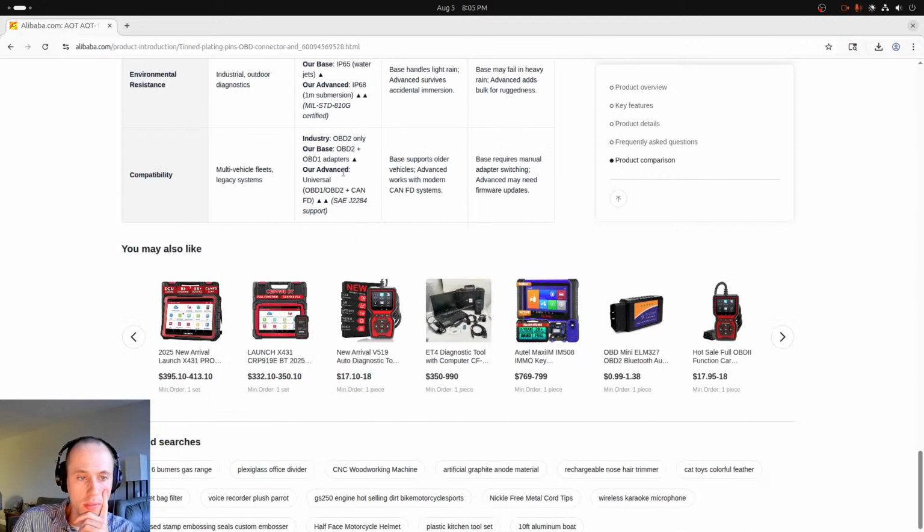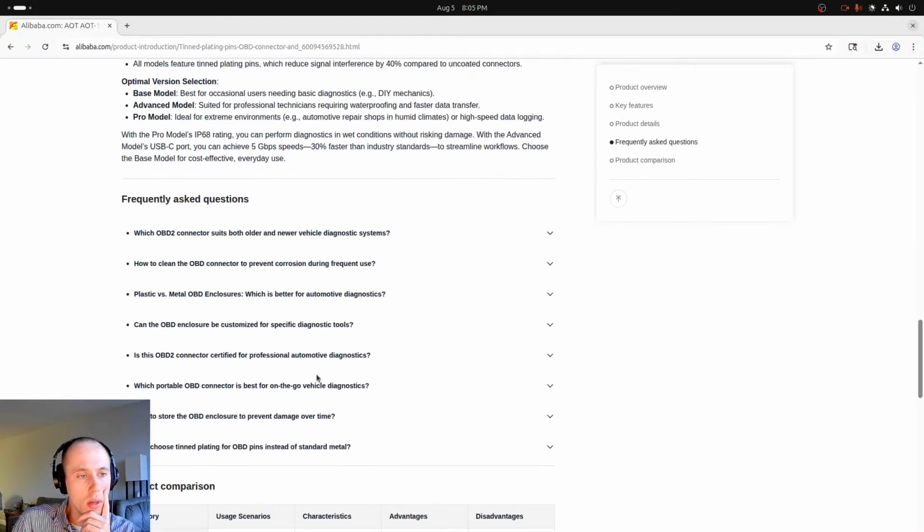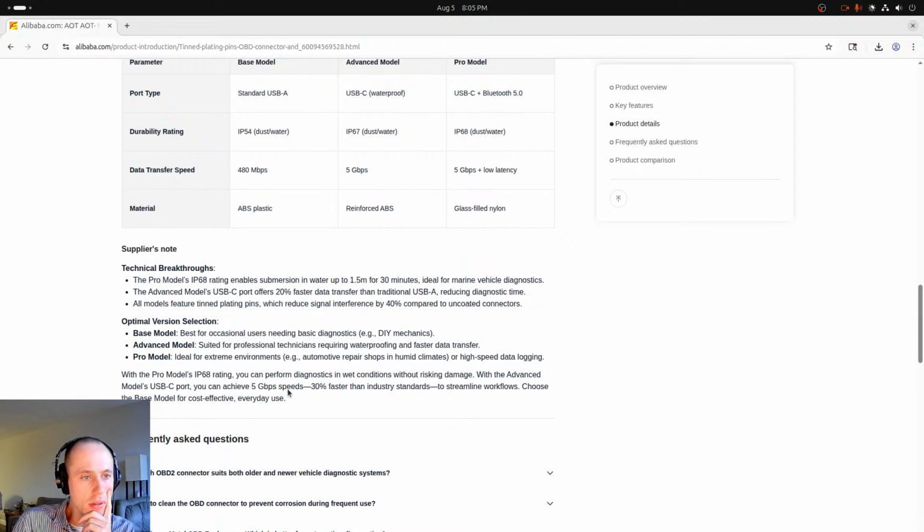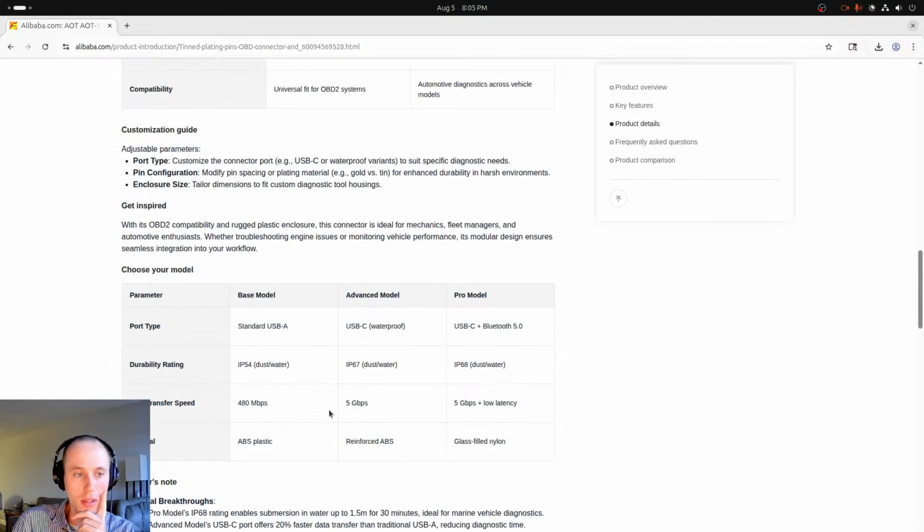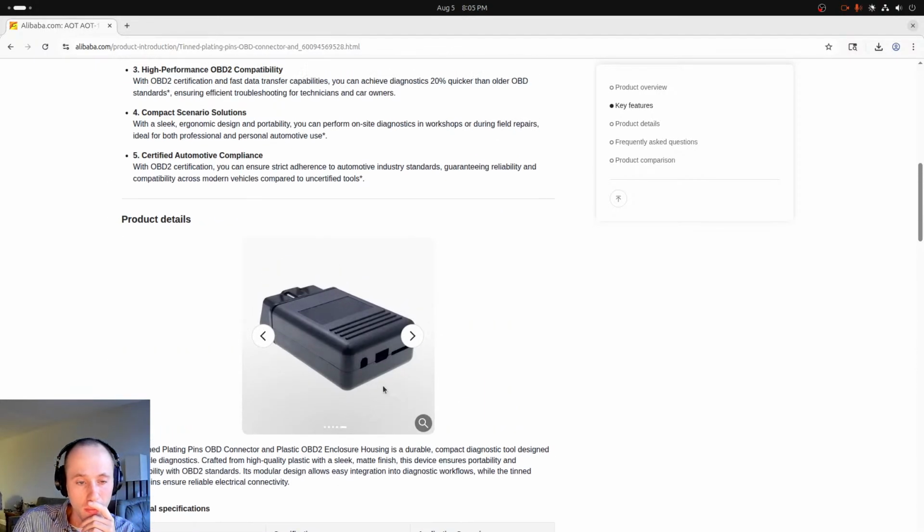Yeah, this whole thing doesn't make sense. But this does. This actually gives information about the different connectors or the housings. So if we're gonna go to USB A, okay.